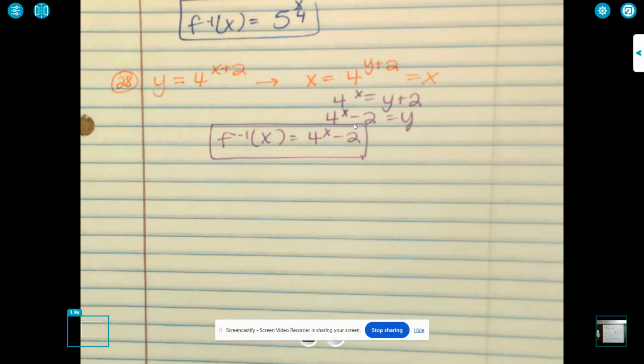All right, number 29. Okay, so I'm going to actually have to put this one up under the Elmo because I didn't, well, I guess I can, we'll see.